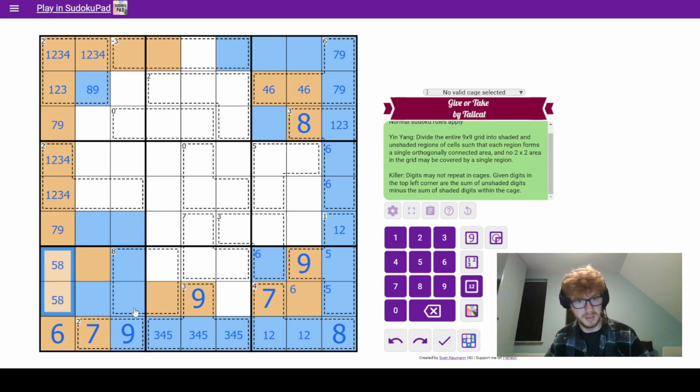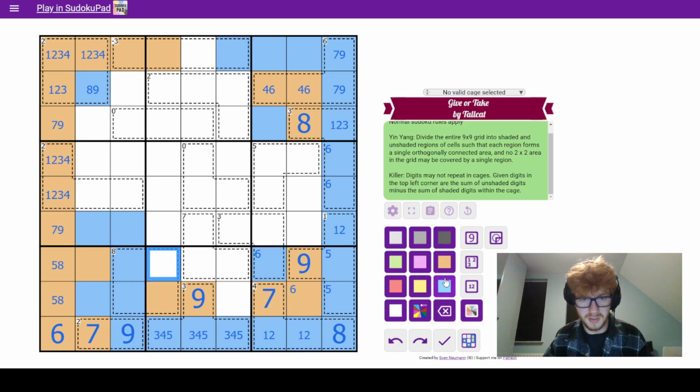Yes, 5 and 8. That's very restrictive for the 8 cage. It has to be, right? Because the maximum these two can be now is 3 and 4, 7. They cannot even come up to 8, so this has to be blue. Okay, so that's the piece of logic I needed to progress in the puzzle, I guess.